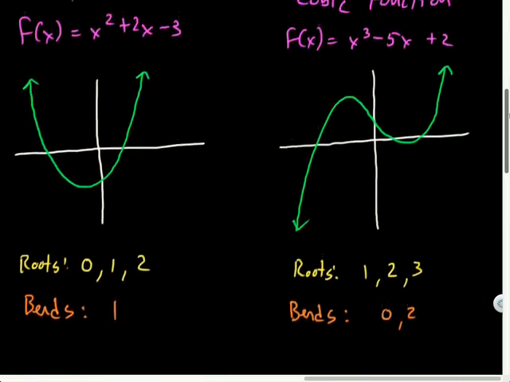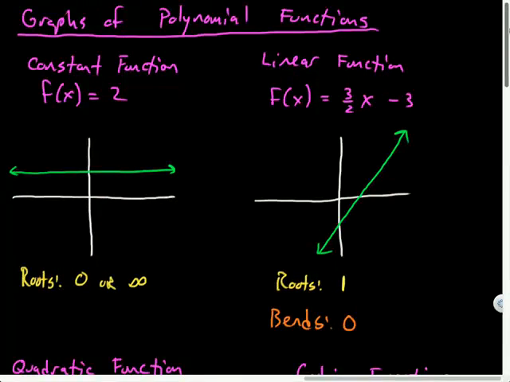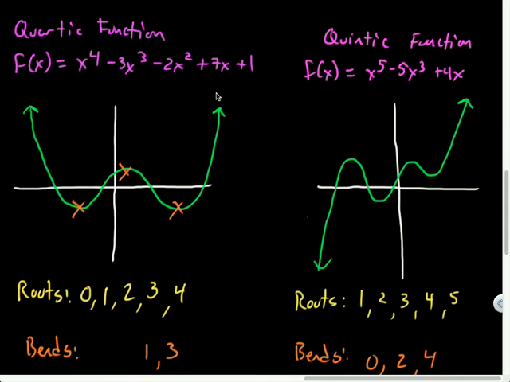What was the other thing I wanted to talk about? How about end behavior? Let's talk about the arrows. For a linear function, the end behavior was in opposite directions. For a quadratic function, it came in from the positive side and goes out the positive side, or could be negative, negative. For this one, the end behavior is opposite, same, and opposite.